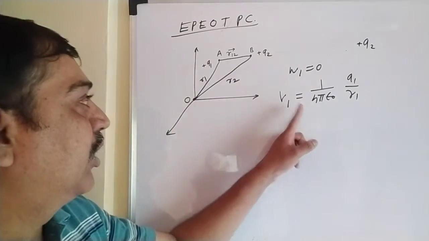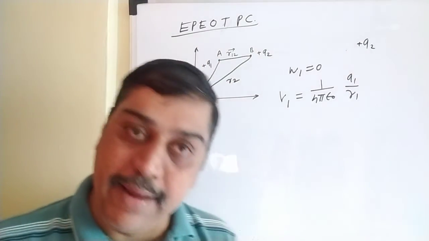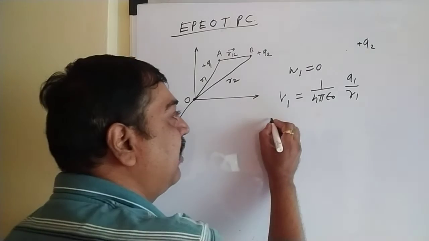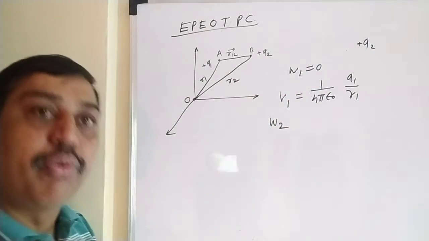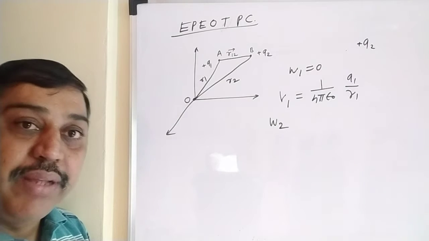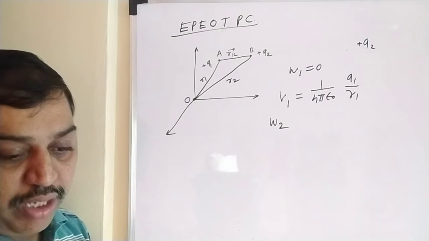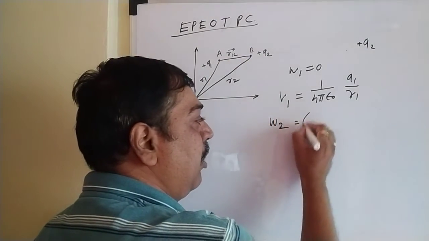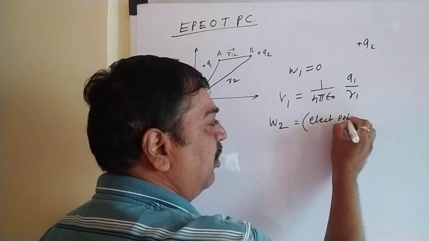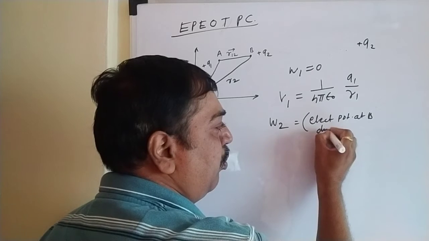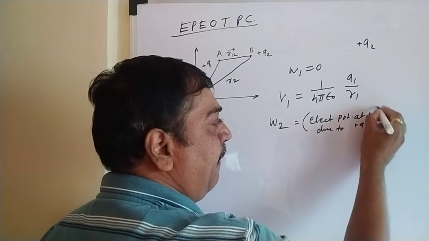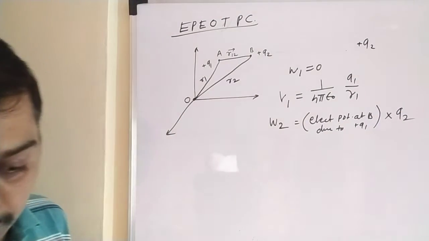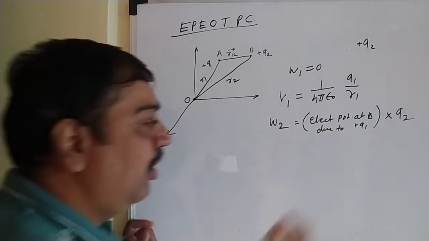It is the electric potential for the charge Q1 kept at A. Now the work done required, W2, to move the charge Q2 from infinity to point B in the presence of charge Q1, equals the electric potential at B due to charge plus Q1 times the charge which is moved. Which charge is moved? Q2 is moved, so times Q2. By this equation we get the work done W2.